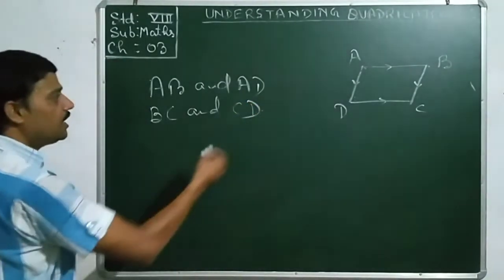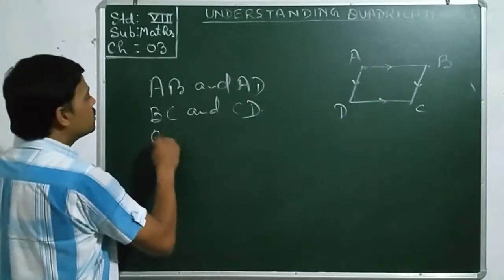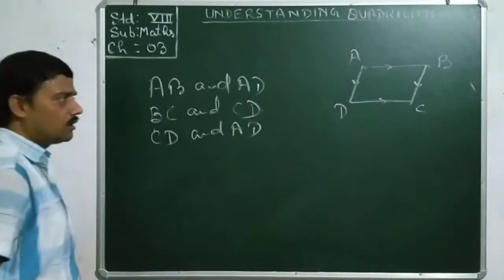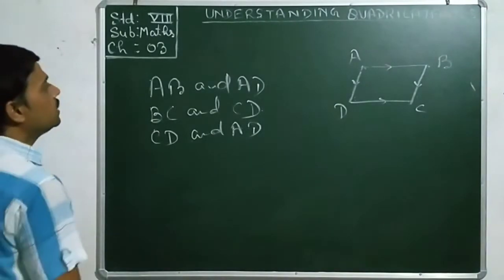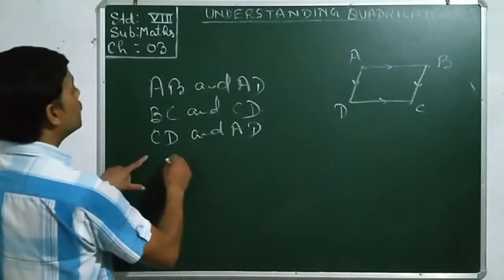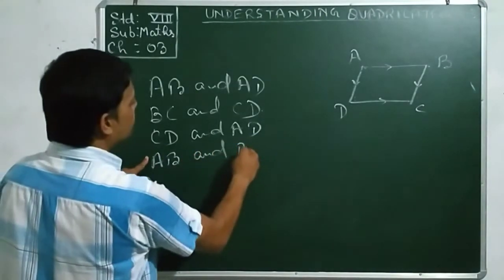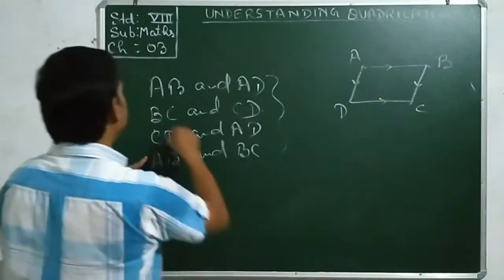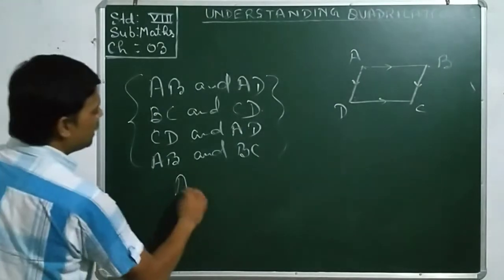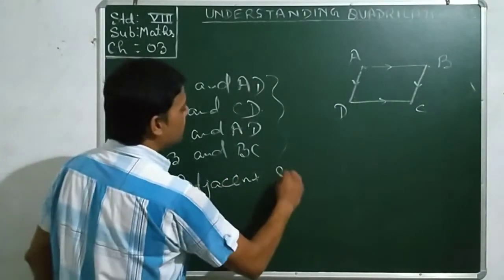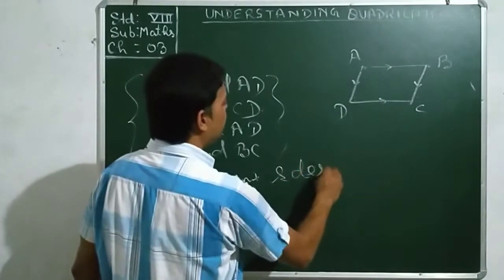Take another pair also, CD and AD, or AB and BC. All of them are adjacent sides.